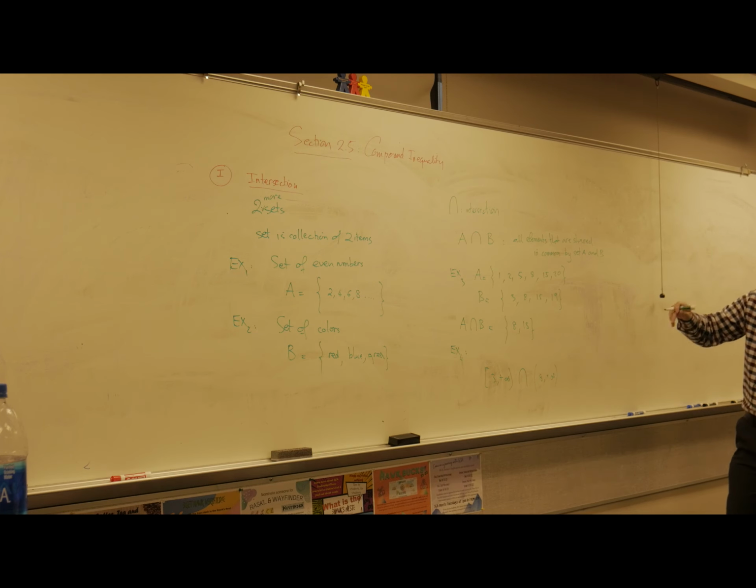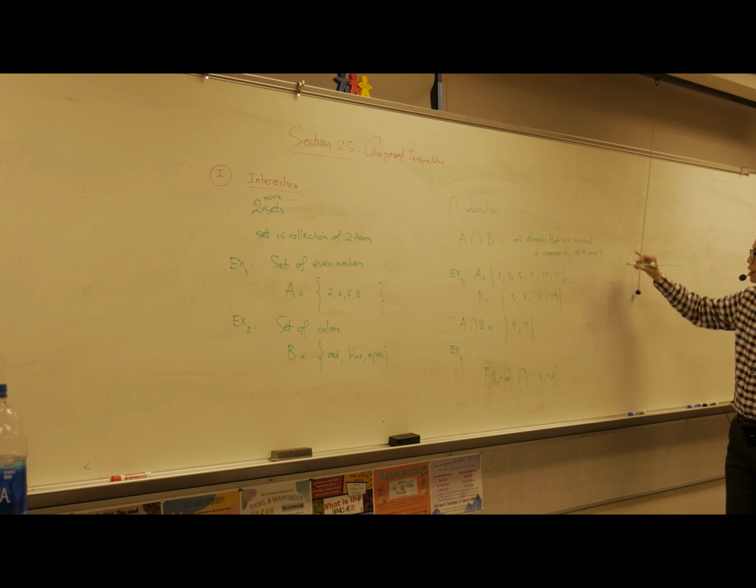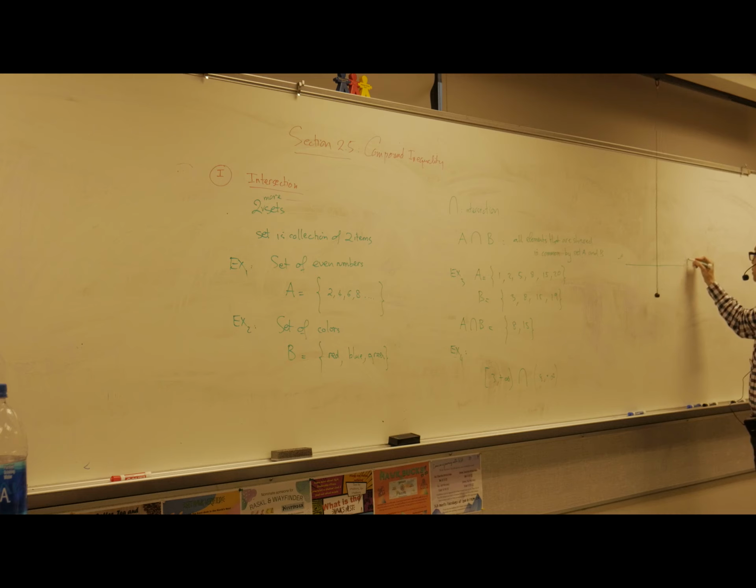So I'm going to go ahead and graph the first interval. This is negative infinity, this is positive infinity. So 0 is right over here, right? And 3 is 1, 2, 3, this here.